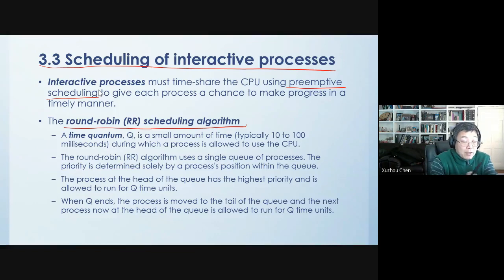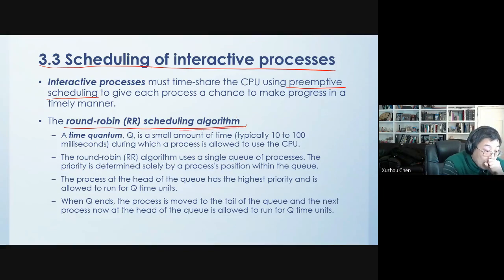The scheduler allocates CPU time for process 1, and after process 1 takes the CPU for a certain period of time, the scheduler takes process 1 out and allocates the CPU to process 2, and after a certain period, removes process 2 again and puts in process 3. This kind of algorithm is called the round-robin scheduling algorithm.